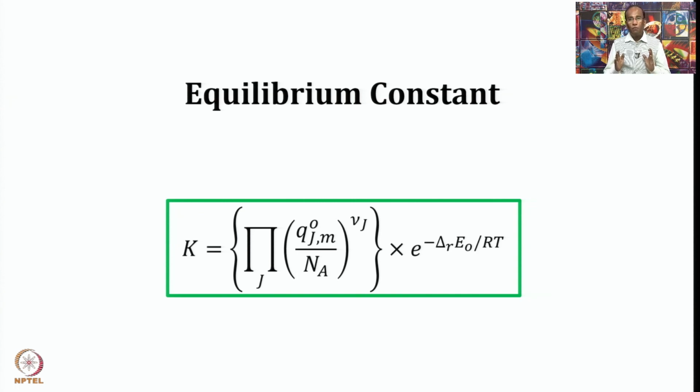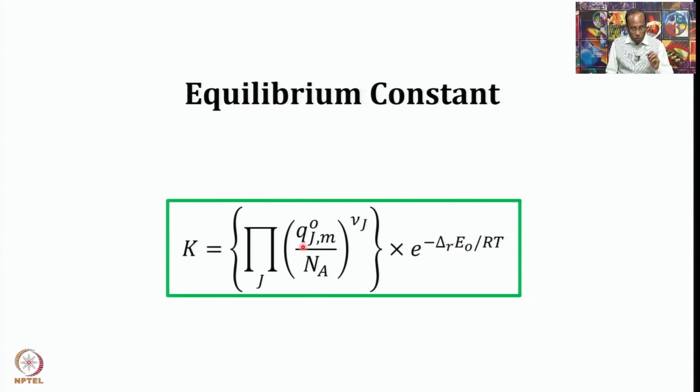We established this relation of the equilibrium constant with the molecular partition function and delta E naught, which is the difference in the zero point energies. That means, in order to evaluate the equilibrium constant, what information do we need?